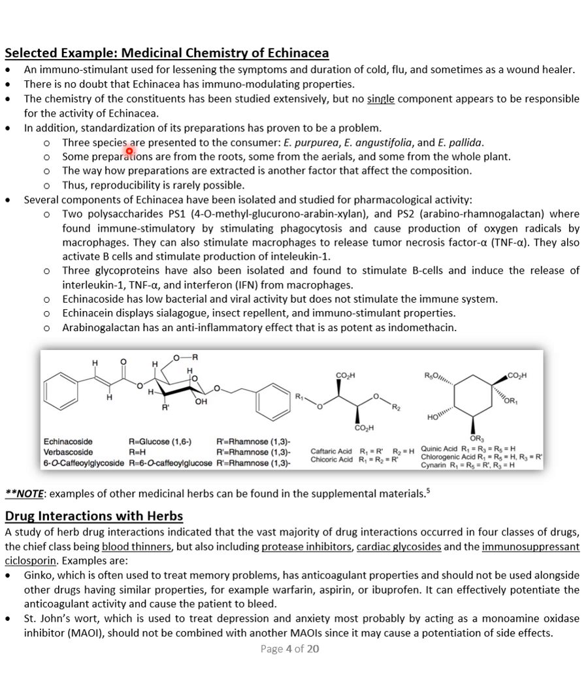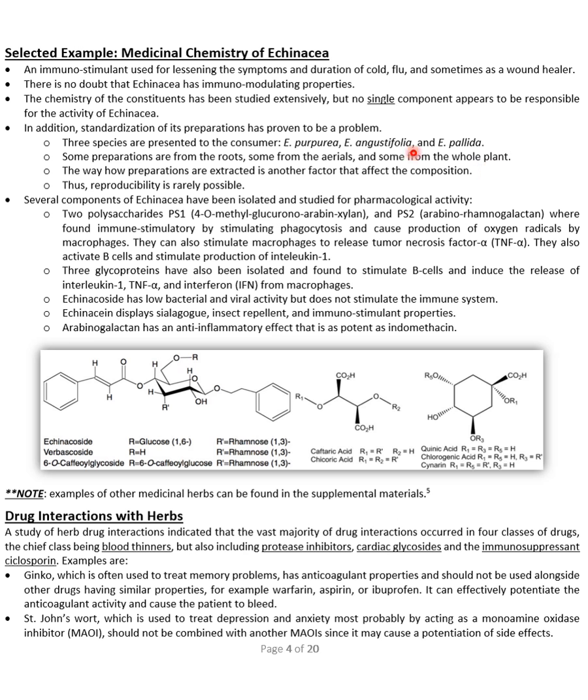First, there are 3 kinds of species available, which is the Echinacea purpurea and Echinacea angustifolia and Echinacea pallida. So some of these preparations have their active compounds in the roots, others have them in the aerial parts, others have them in the whole plant.